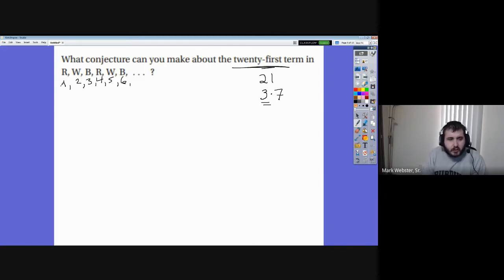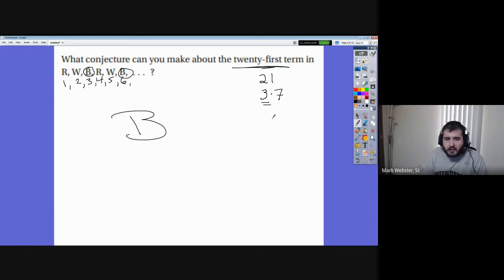Because look, if it's repeating every 3, the ones that are multiples of 3 are always going to be the same, right? So if I keep going in this pattern, I'm eventually going to hit number 21 on B, right? So the answer has to be B.